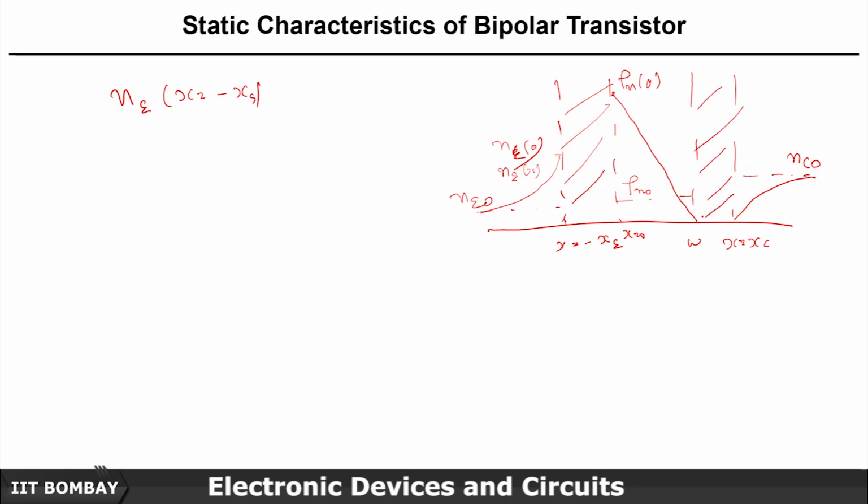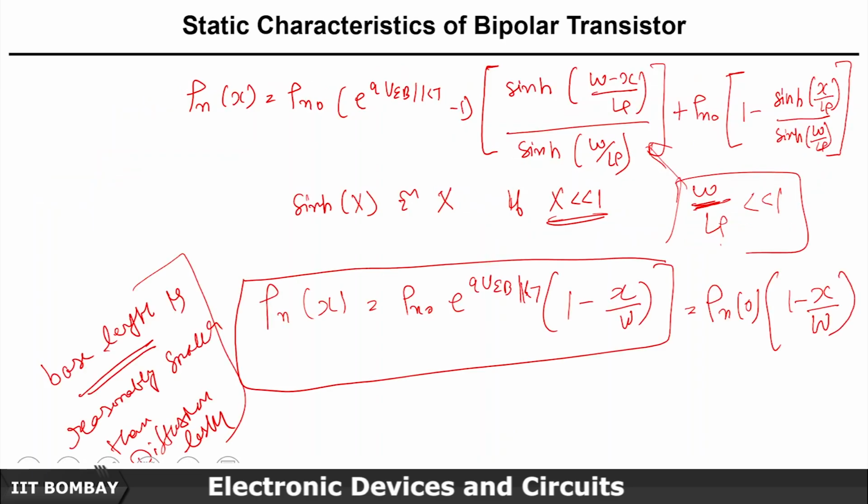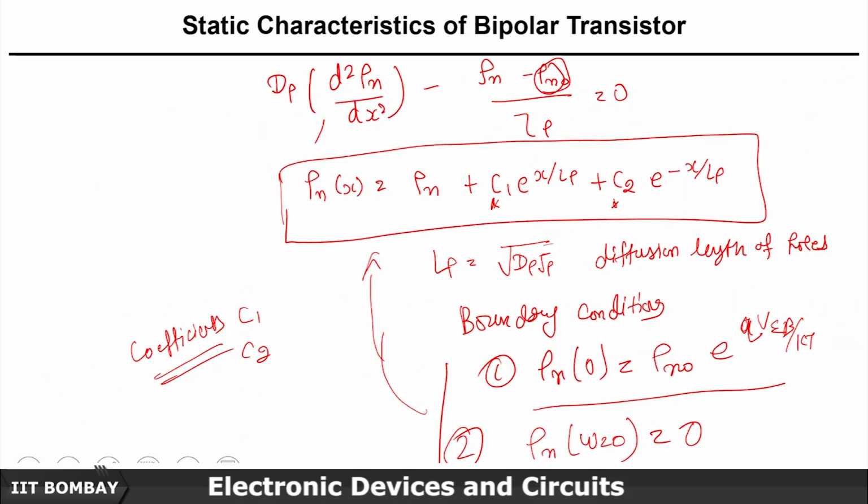That would be equal to NE0, the equilibrium concentration, multiplied by e raised to the power q VEB by KT. These are known as the law of the junction. This is what we used in the previous case here. Right, this is the law of the junction.